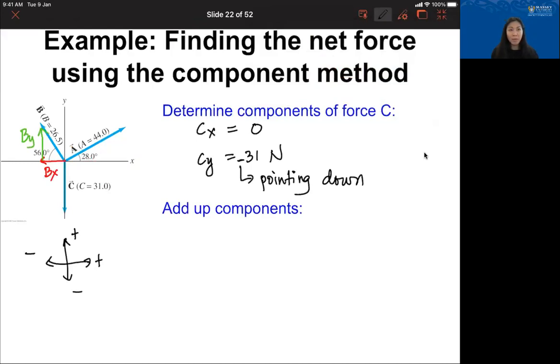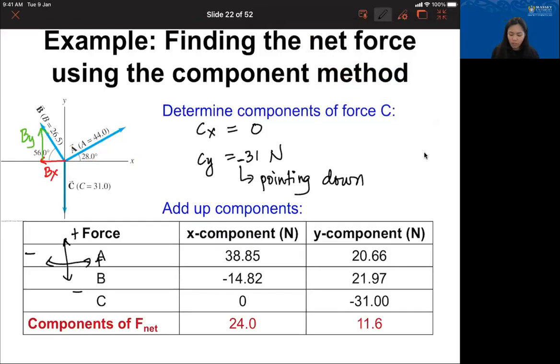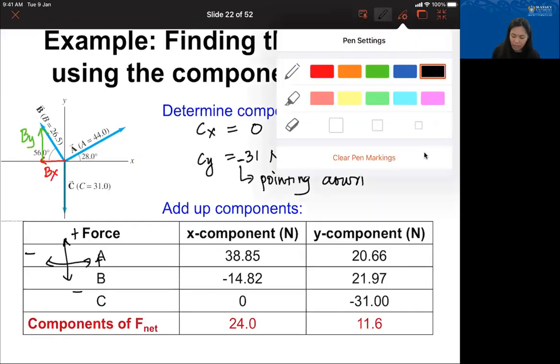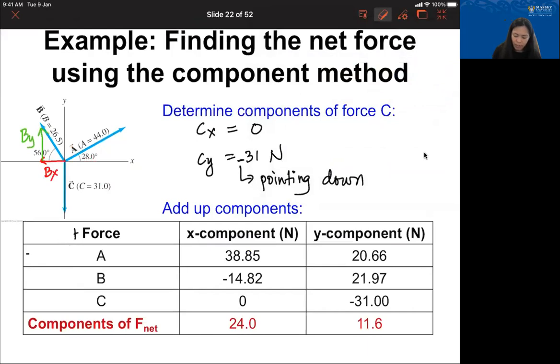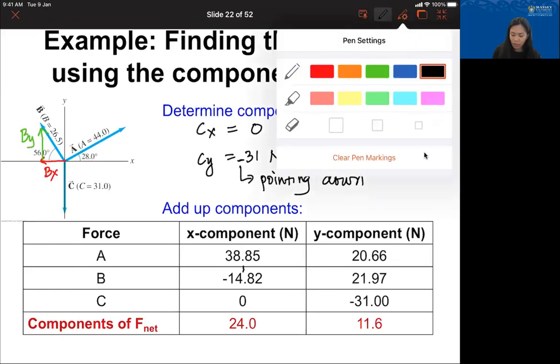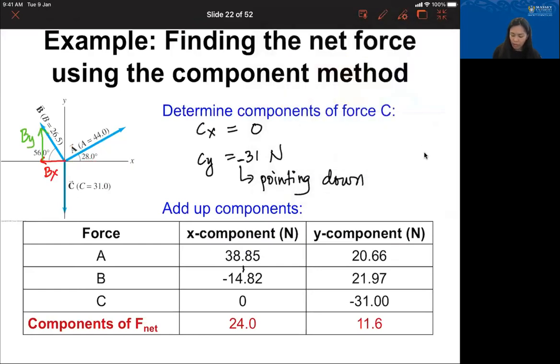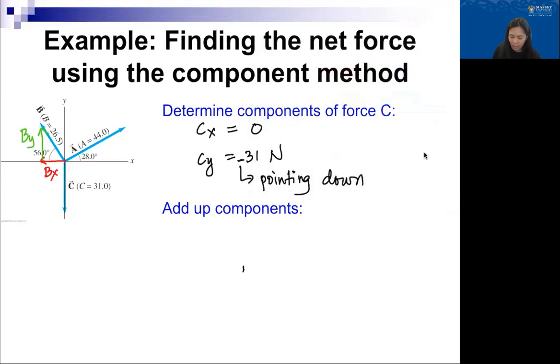You now add up all the components. Okay, so for the x components, I put it in a table, so it's easier to see. But these are all the components that we calculated earlier. For the vector A, you have your x and y components. And then for vector B, you have your x and y components again.